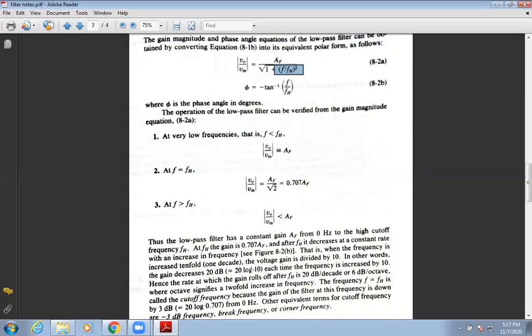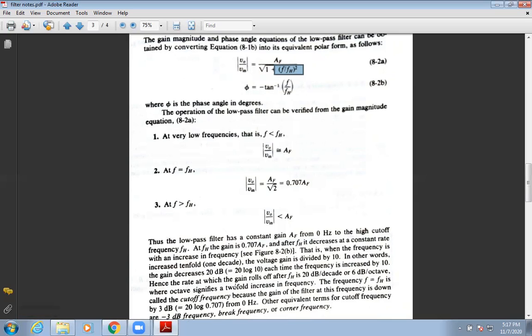This is the formula for converting absolute value into dB. So we can say that if we increase the frequency by one decade, the voltage gain also decreases by 20 dB per decade.